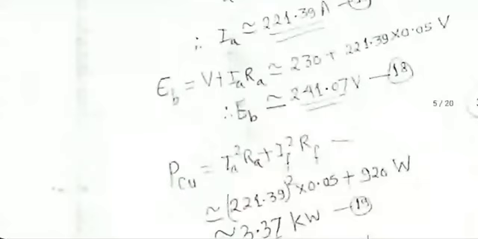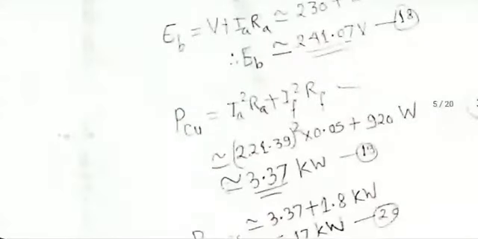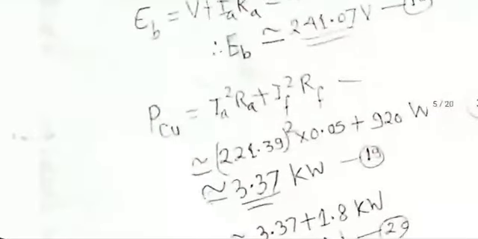Again, you calculate the copper loss with the new values. In the field winding, current has not changed. So the IF square RF value would still be the same as it was in the full load case. But IA square RA value will now go down by a factor of 4.